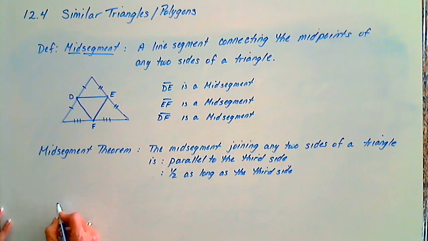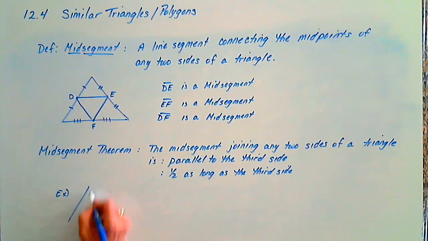So, for example, let's say I give you this drawing and I tell you that this segment connects these two midpoints together. So these two are congruent, and I tell you that this is X, I automatically know the other side parallel to it is twice as long.